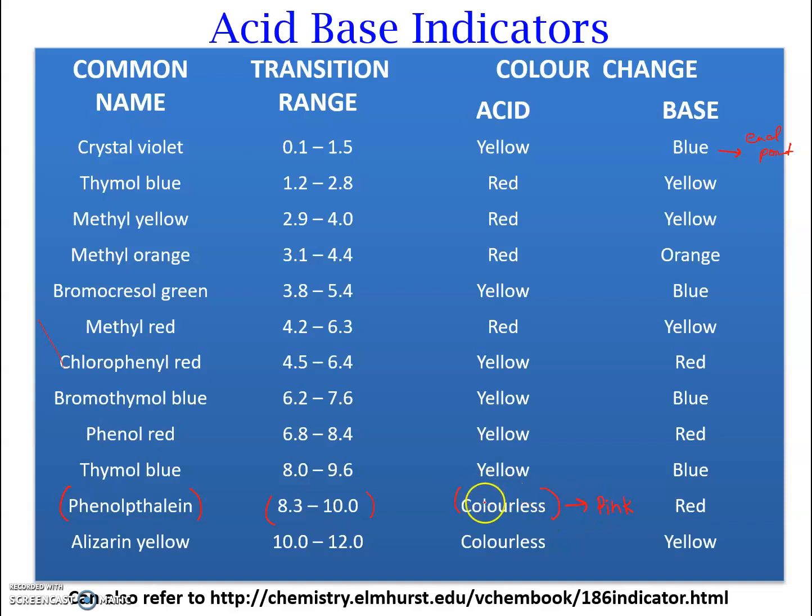If the solution in the conical flask is base, the indicator color is pink, and when the reaction is complete, the indicator changes from pink to colorless. It is vice versa. You can also refer to this website for indicators.